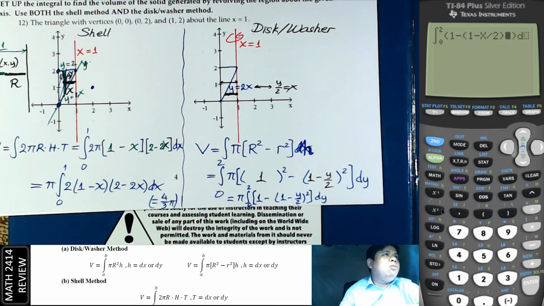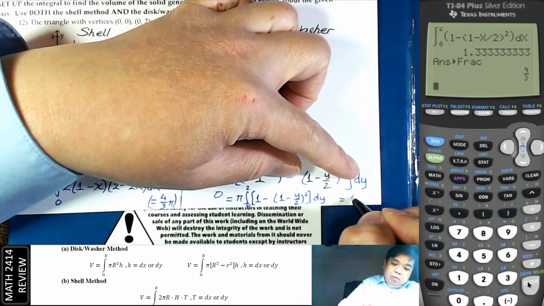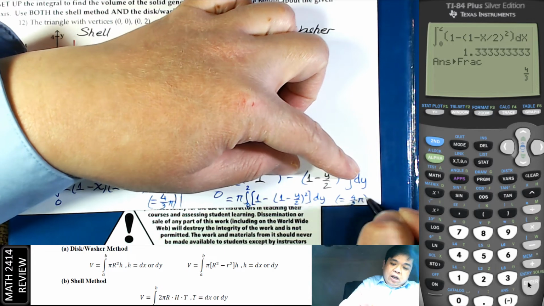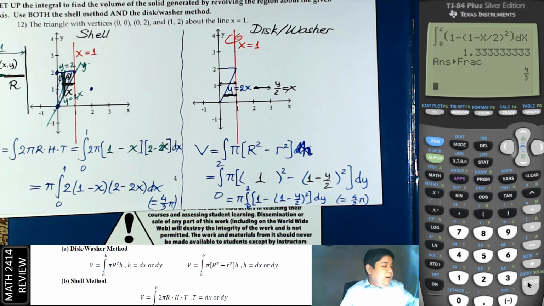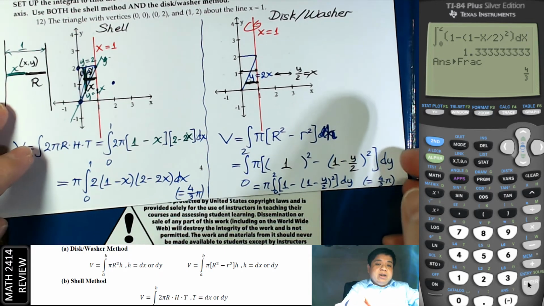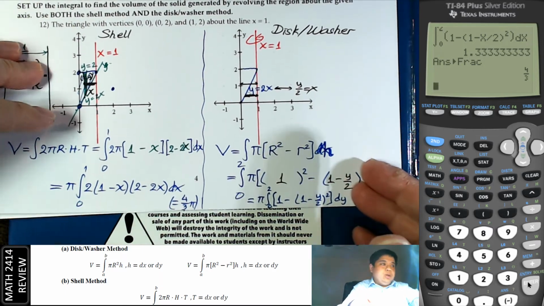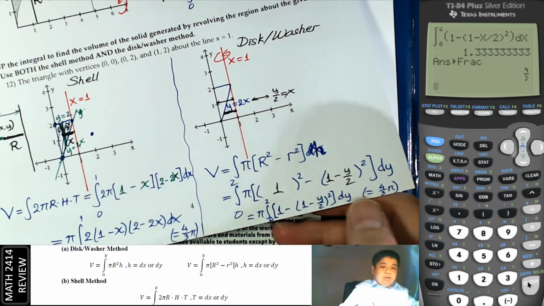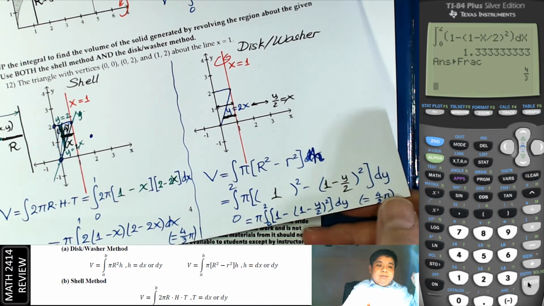Sorry, it is a square there. And stick a pi to it at the end. Should be 4 over 3 pi as well. Of course, both methods should give us the same volume. Right, that's what we have.